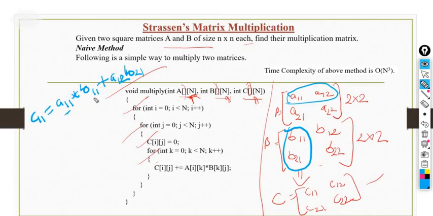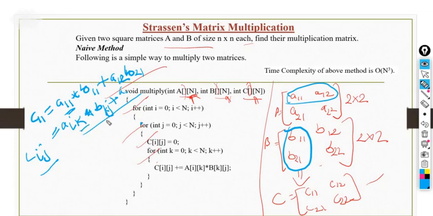So Cij equals the sum of Aik multiplied by Bkj, plus the same thing Aik and Bkj. And where are you storing it? In Cij, right? Whatever you get here, you have to store it here.